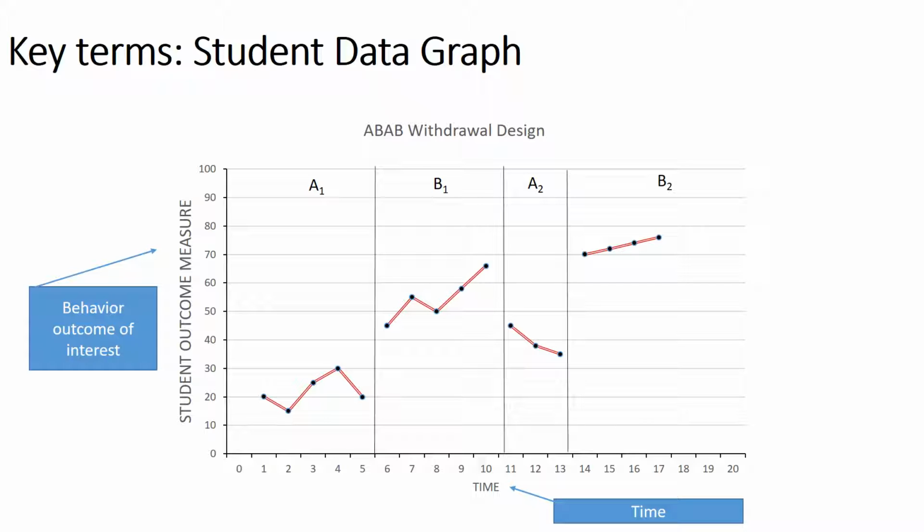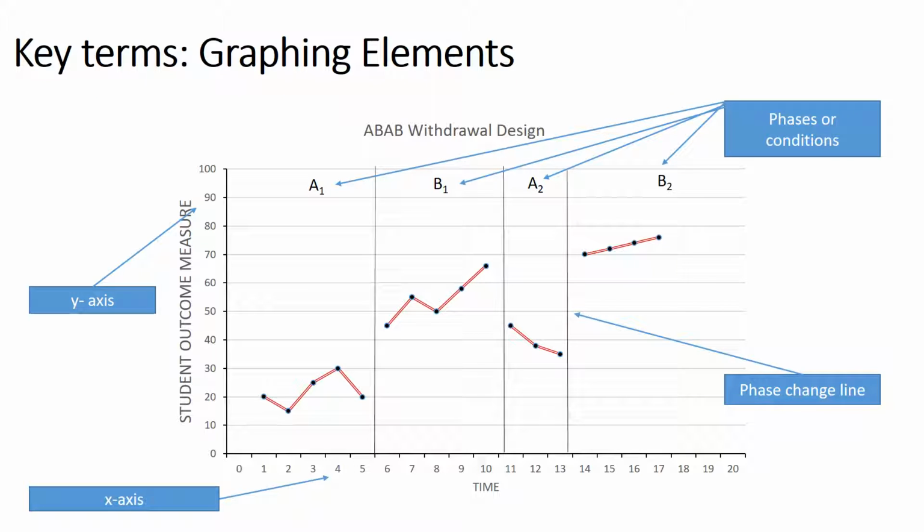Then, performance is plotted as a single data point representing the data collected during that unit of time. Data points in each phase are connected with a line to show the behavioral pattern in a given phase. Phases or conditions such as baseline or intervention are labeled and separated by phase change lines. Data points are not connected by a line between phases, as you see in this example.